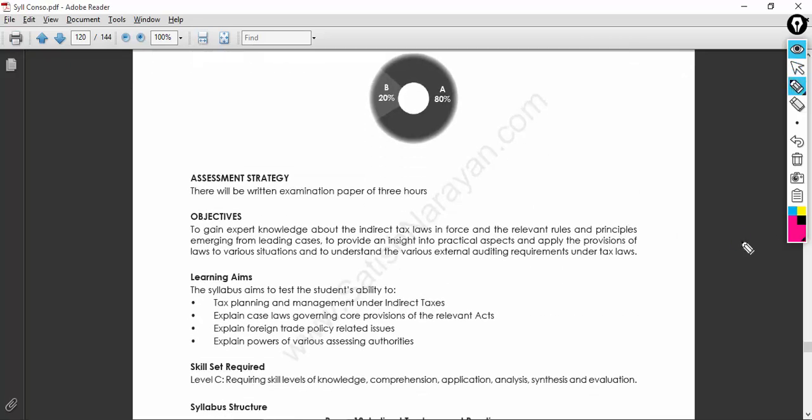Okay, so let's not worry too much about the assessment, which is written, three hours, which everyone knows. The objective is very important: to gain expert knowledge about the indirect tax laws in force. Remember, in force, and the relevant rules and principles emerging from leading cases to provide an insight into practical aspects, and apply the provisions of laws to various situations, and to understand the various external auditing requirements under the law.